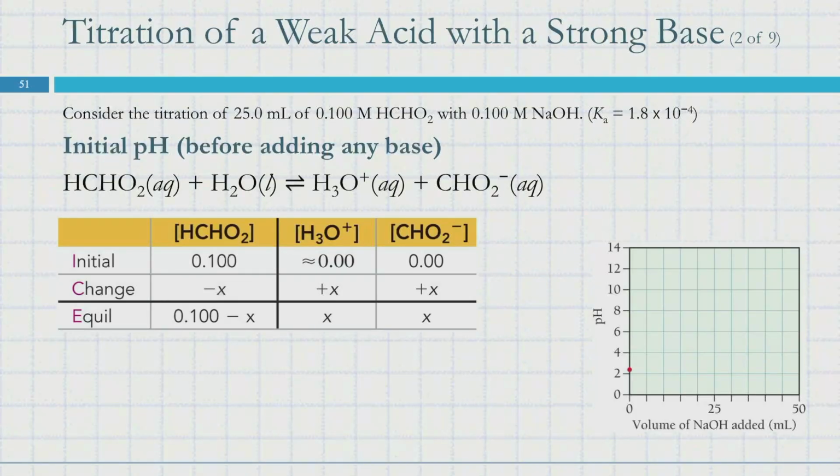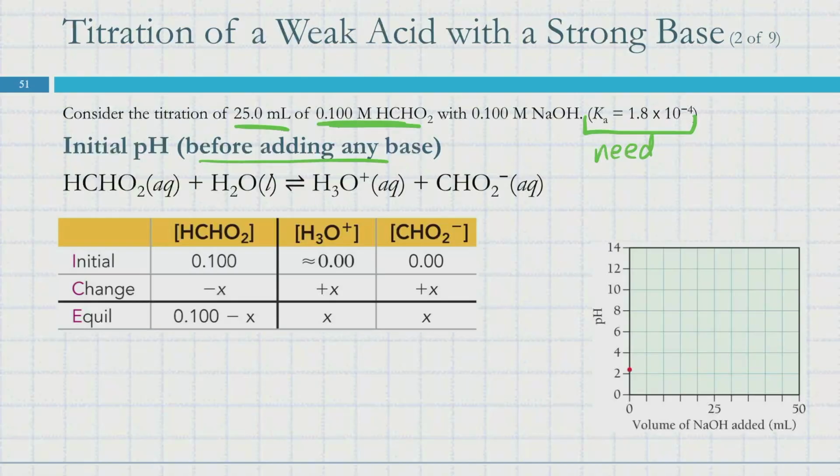We can look at our initial pH. It's going to be a little bit different than doing it with a strong acid. So before adding any base, just looking at the 25 milliliters and the 0.100 molar HCHO2, we're doing an ice table this time to figure out how much H3O plus and CHO2 minus we have.